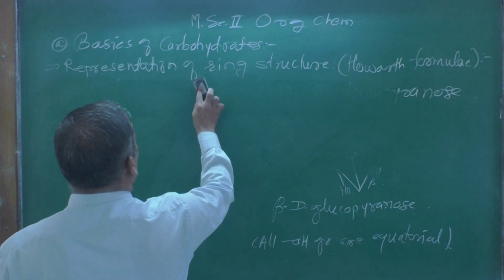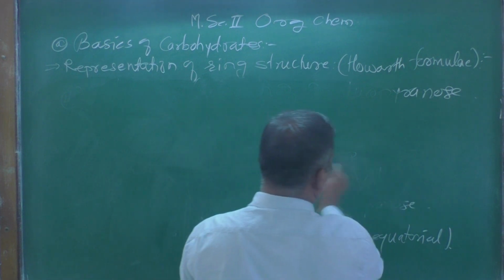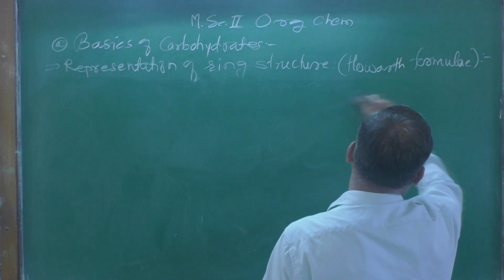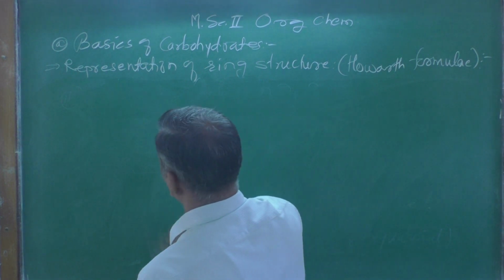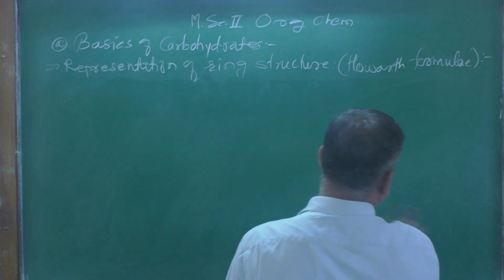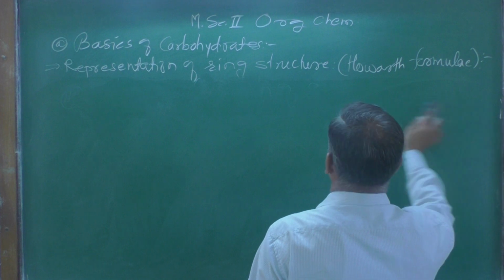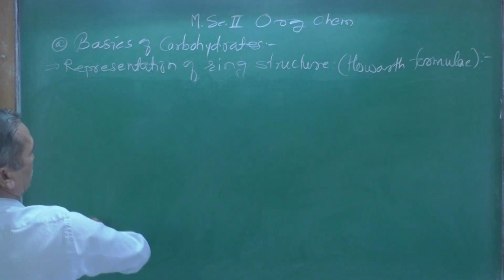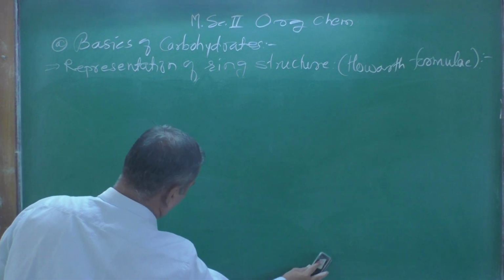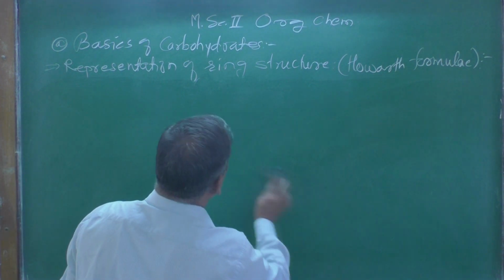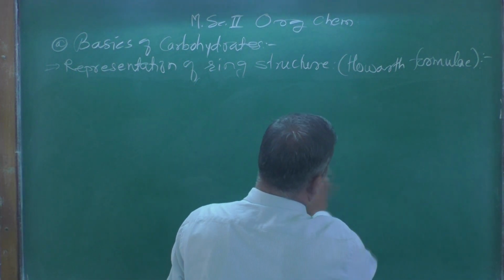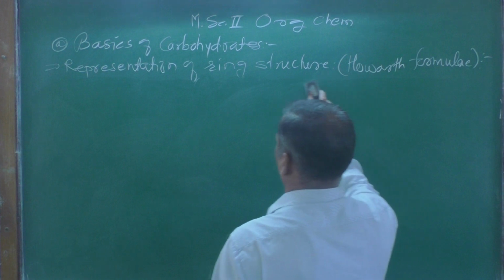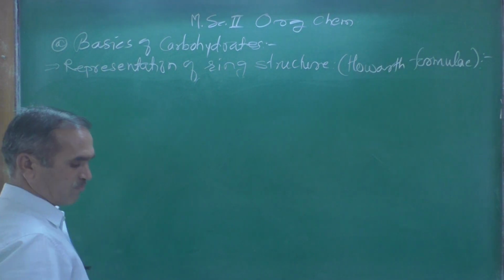Now we are going to discuss the ring structures of D-fructose, how to represent those structures, and how we can convert the structures from the Fischer projection formula into the Haworth projection formula.